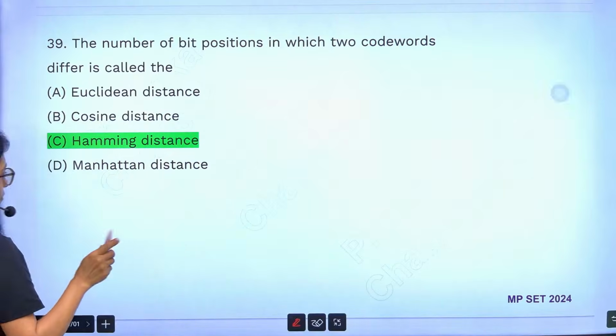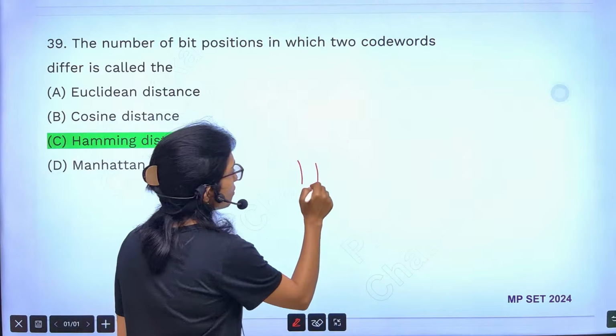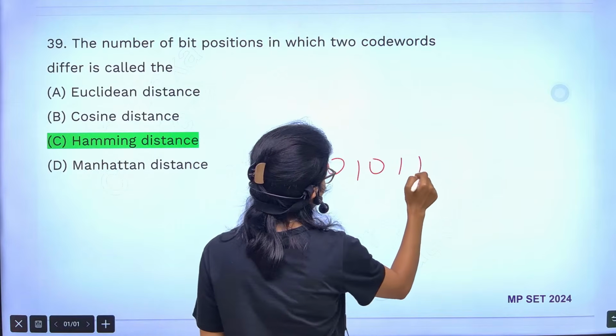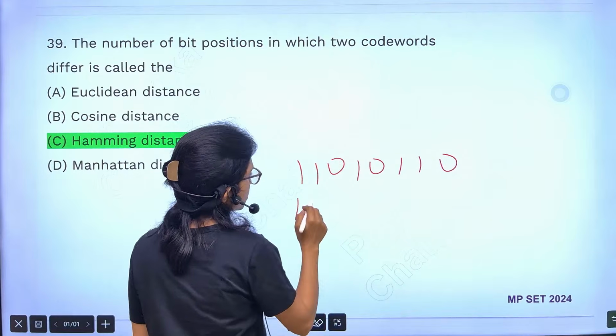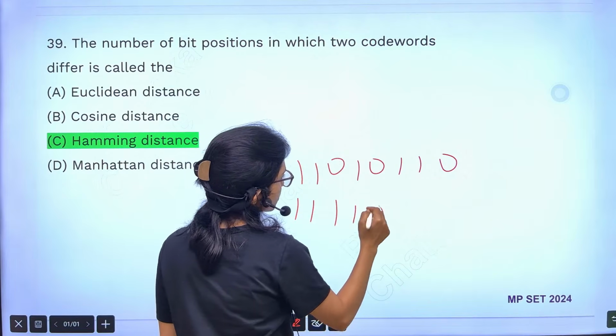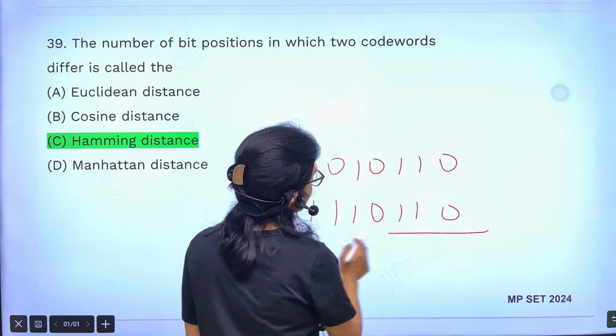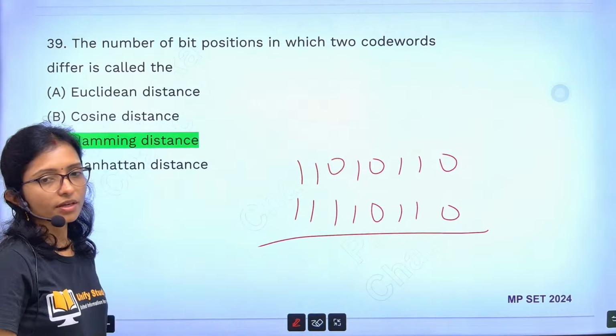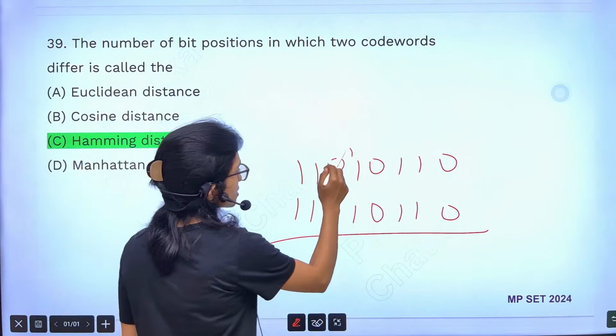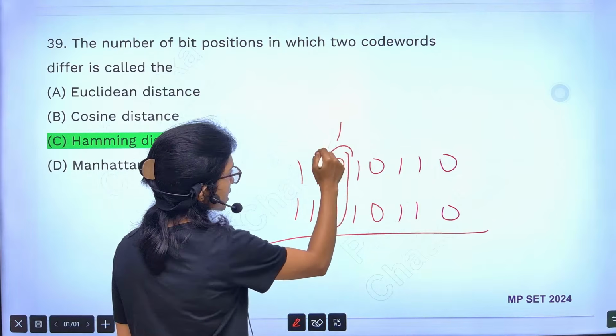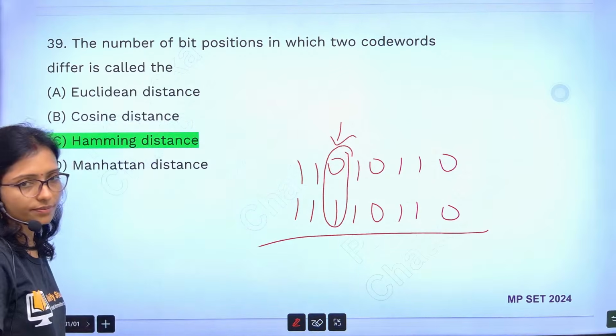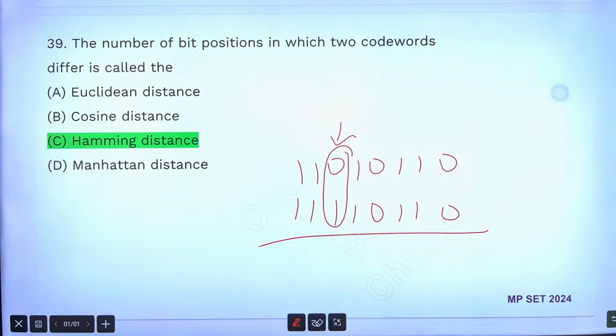For example, if I take 11010110 and another one, 11110110. What is the Hamming distance here? Only one bit changes, that's why the Hamming distance is 1. Wherever the bit is changing, that is your Hamming distance.